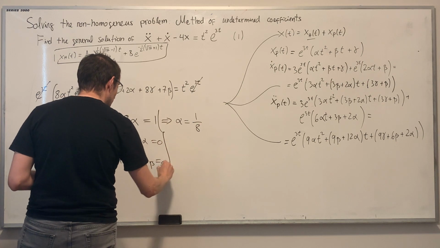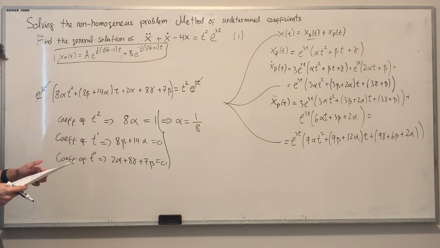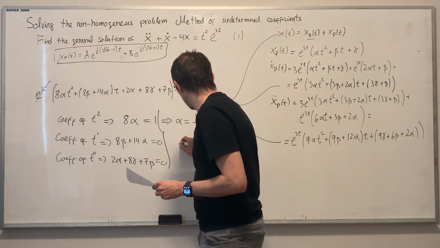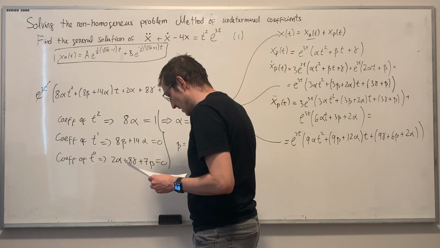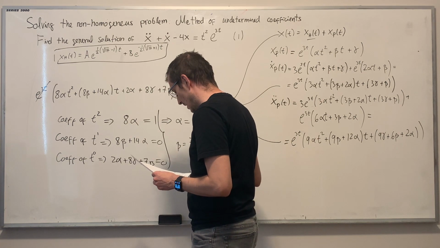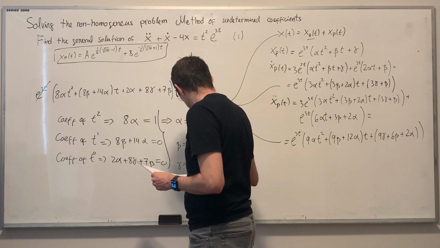So I have this system of 3 unknowns and 3 equations where alpha I already solved. I can solve for the others. It's just arithmetic, so let me write the result. Beta is equal to minus 7 divided by 32, and gamma is equal to 41 divided by 256.